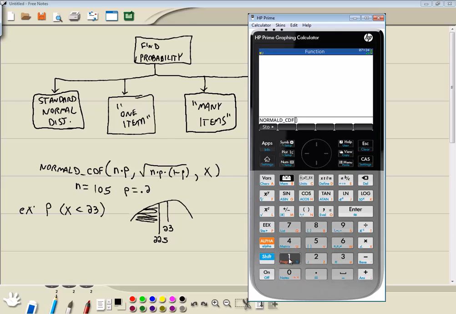And we're going to put in n times p. Well, we got 105 times 0.2, n times p. And then comma. And then we want a square root, so we'll do our shift x squared.